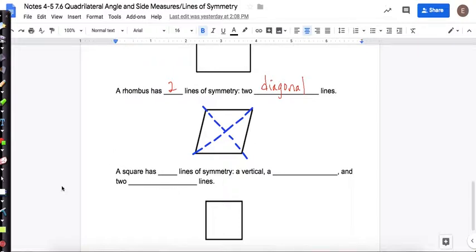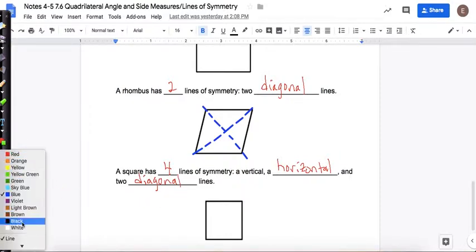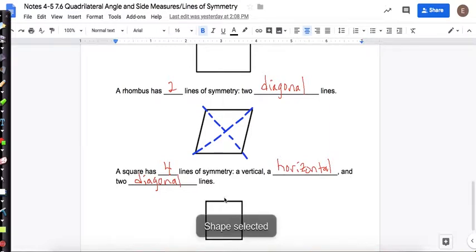Okay, so a square has how many lines of symmetry? 4. It has 4 lines of symmetry. It has a vertical, a horizontal, and 2 diagonal lines. So we're going to draw our vertical line in first here.